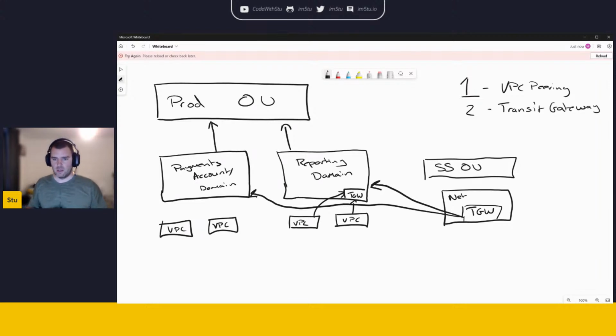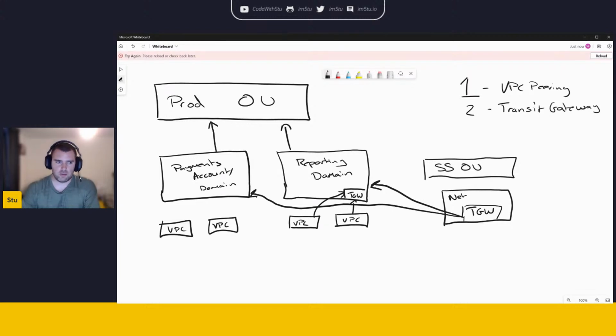And this works really, really well. It's a way of centralizing some network management, and you can have different transit gateways and route tables for different network segments. So you might have all your production on one transit gateway and route table and all your non-production traffic on a different transit gateway and route table. So this becomes pretty flexible and pretty powerful.